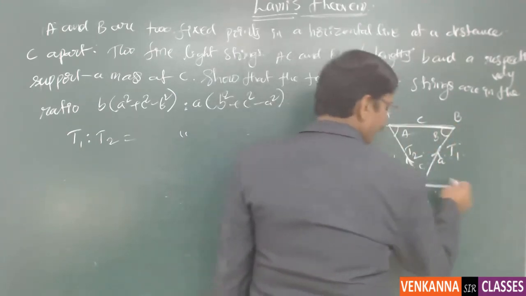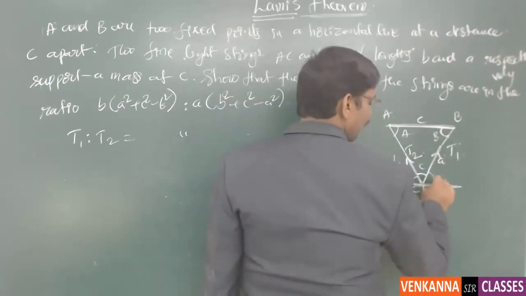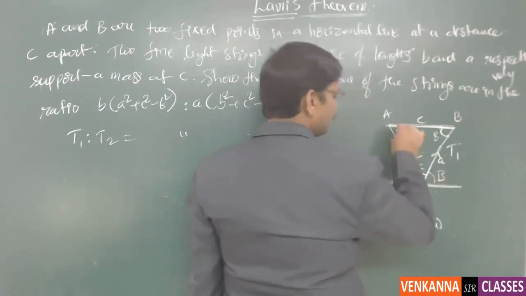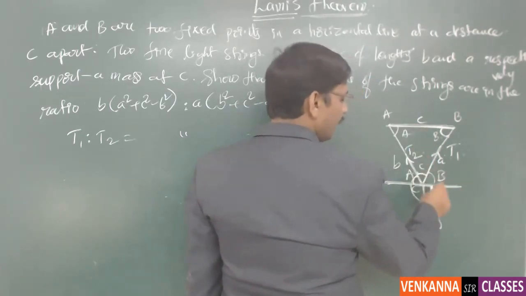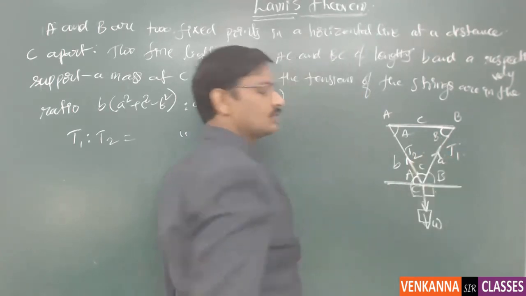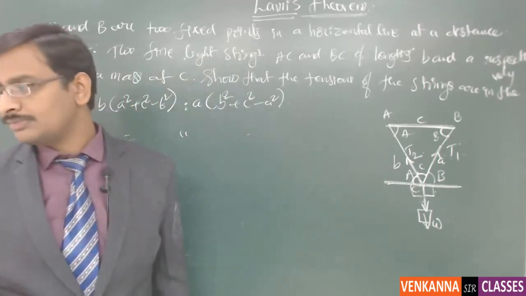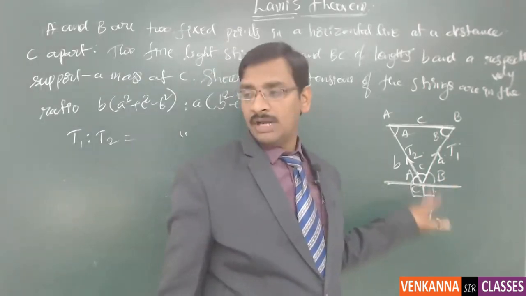If I draw a parallel line like this, then obviously this angle and this angle are alternate angles, and this angle is also an alternate angle. This is angle A, and this angle you know is 90 degrees. So now we have got all the angles. This is 90 plus A and this is 90 plus B, and this is angle C.